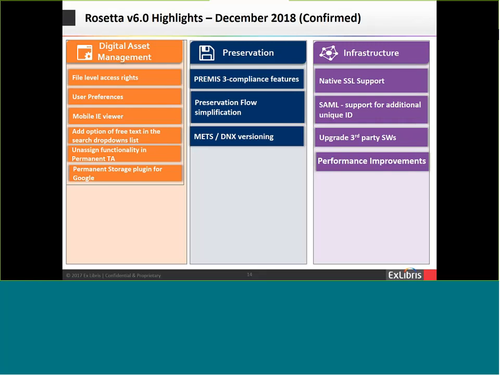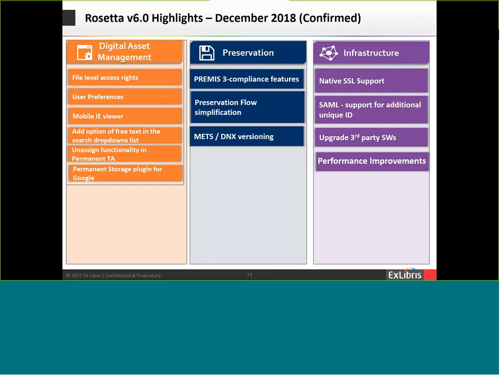We're going to have simplification of the preservation flow, and an improved METS and DNX versioning support. In the digital asset management, we're going to add file level access rights, which is a very large and significant change to the data model. It's a very complex change, which has come through from quite a few institutions for different needs. So this will be quite an exciting feature coming through.